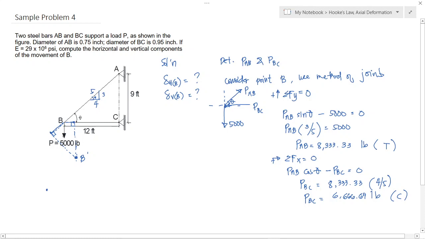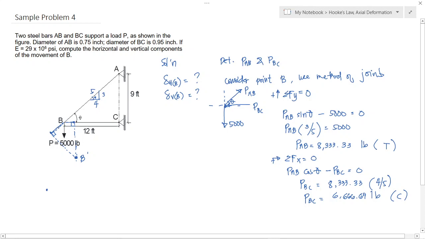Hindi siya arc, line na lang. Kino-consider natin siya as a line because very small amount lang naman yung distance na yan. Actually, this is an arc, but for the sake of computation, mas madali natin makompute yan by drawing a perpendicular line.